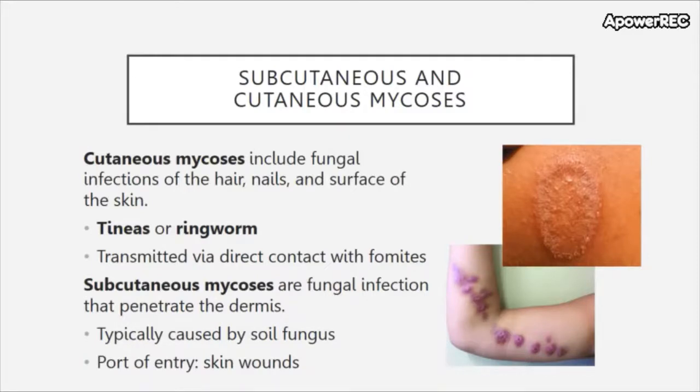It is self-limiting, so it typically clears up on its own after a couple of weeks. You may also see subcutaneous mycosis, which are fungal infections that penetrate the dermis. These are typically much more serious than cutaneous mycosis. They're usually caused by soil fungus, and the port of entry is skin wounds.